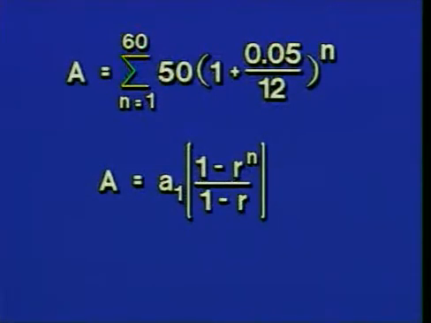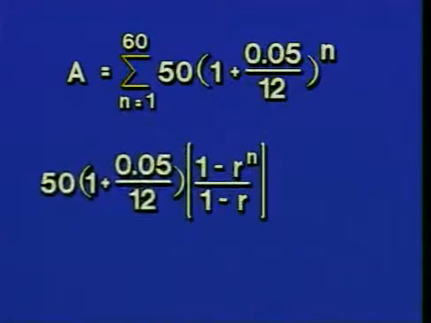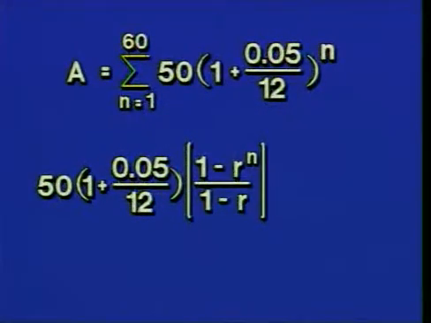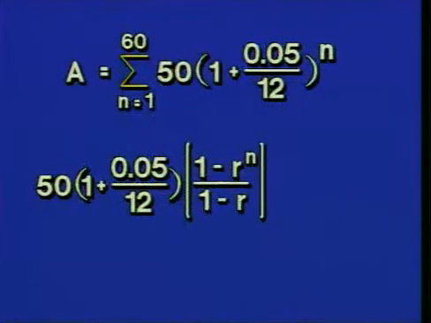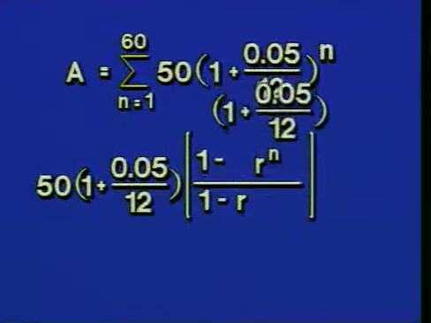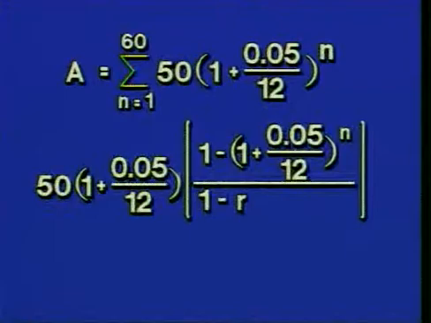Now, a sub 1 is the first item in the sequence, and it is found by replacing n with 1. So a sub 1 then becomes simply 50 times 1 plus 5/100ths over 12. Now in the bracket, the r value is simply the base of our counting mechanism. So in this case, r is 1 plus 5/100ths over 12.